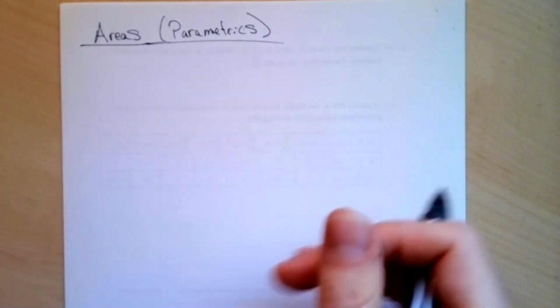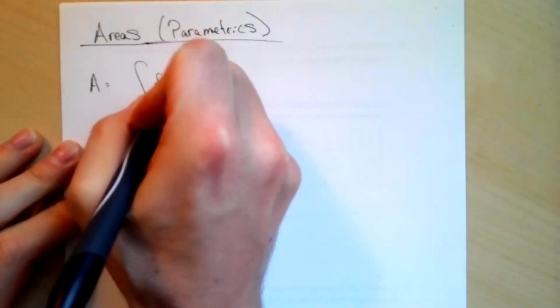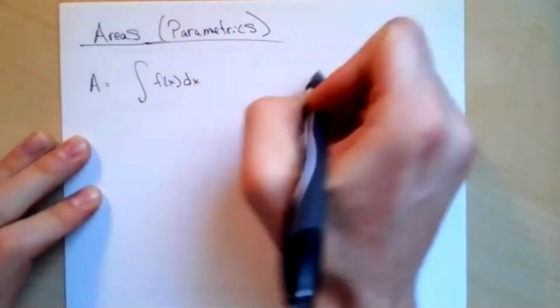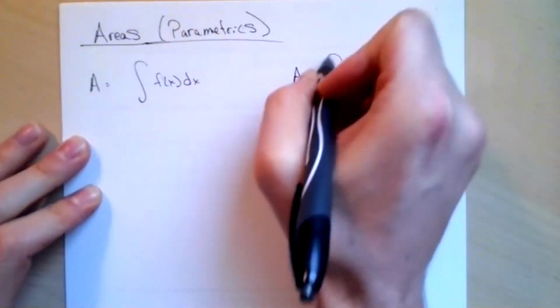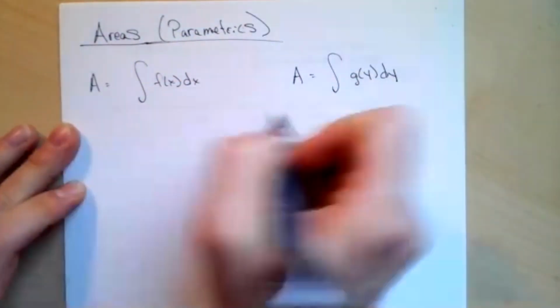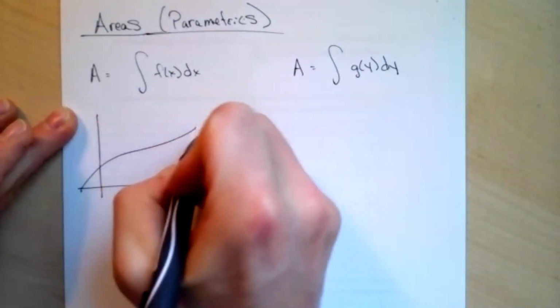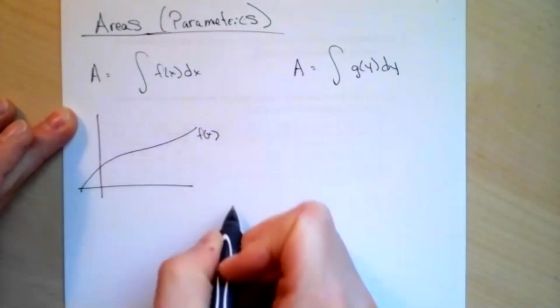But for the sake of understanding calculus, we can do it in terms of parametrics. Typically, our area is going to be the integral of f(x) dx, or conversely something like the integral of g(y) dy.